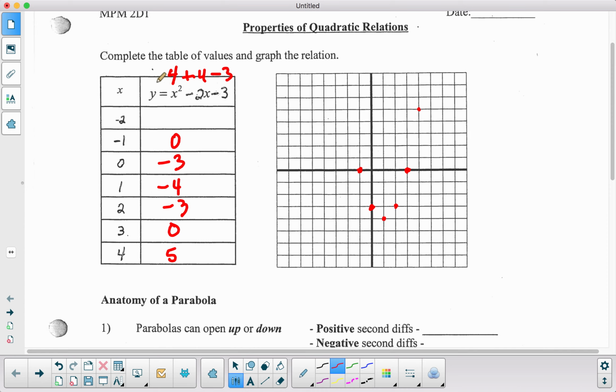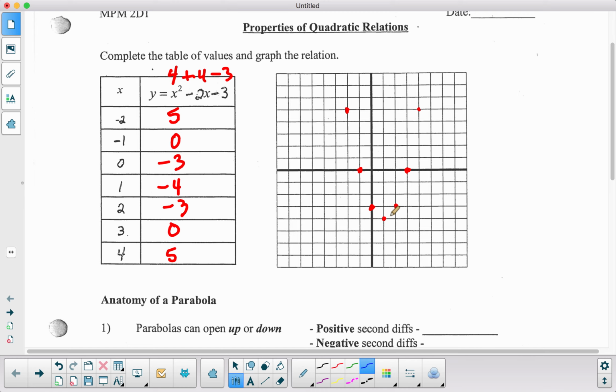And so we have 4 plus 4 is 8, minus 3 is 5. So when x is negative 2, y is 5. Here's negative 2, and y is 5. Okay, now we can draw a smooth curve through the dots.